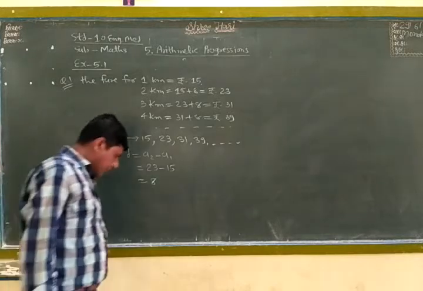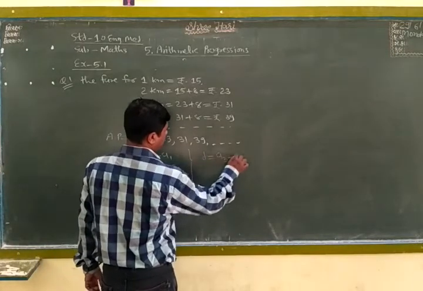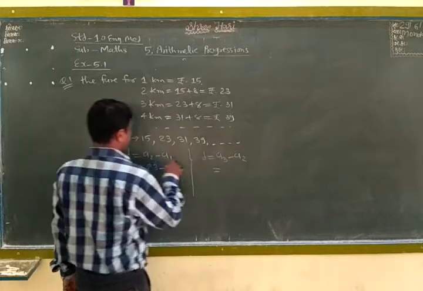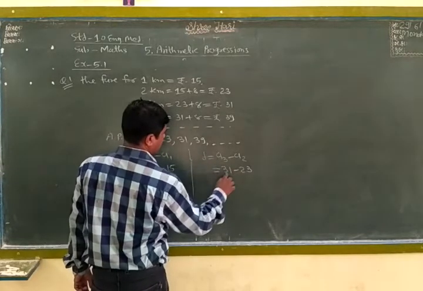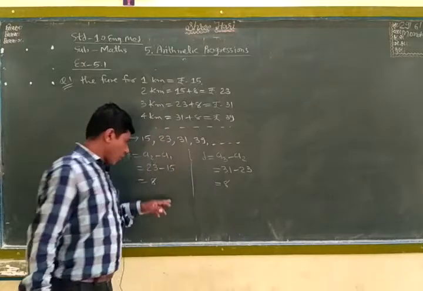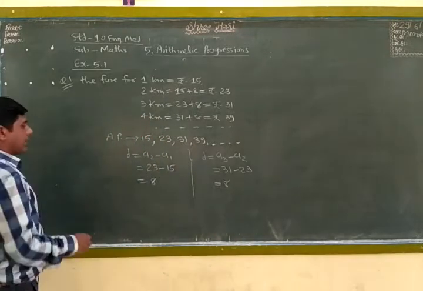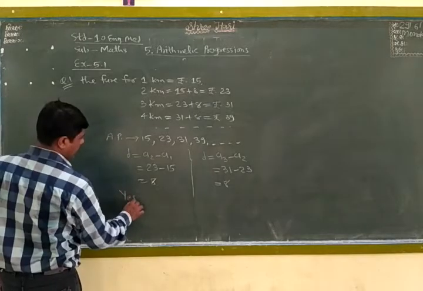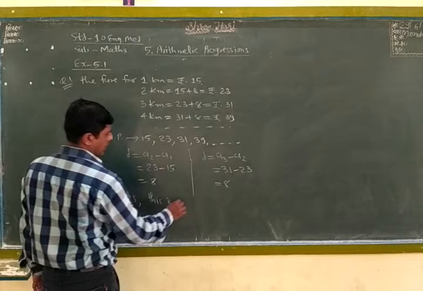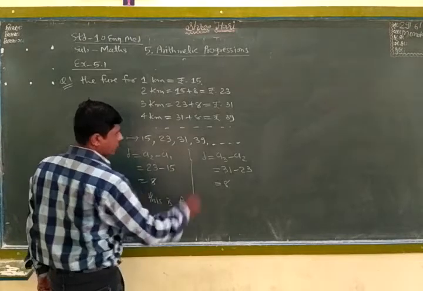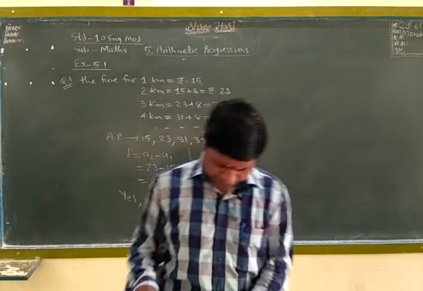Same way we check D as A3 minus A2, A3 is 31 minus 23, so 8. This common difference is the same, so we can say that this is an arithmetic progression. Yes, this is an arithmetic progression. Finished.